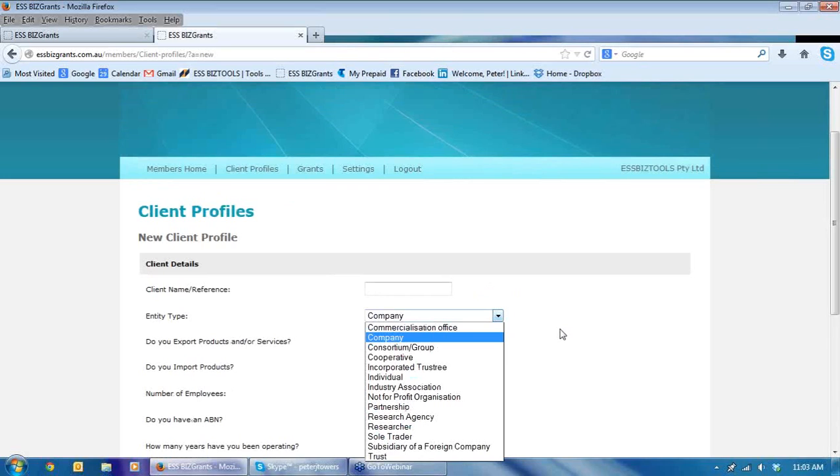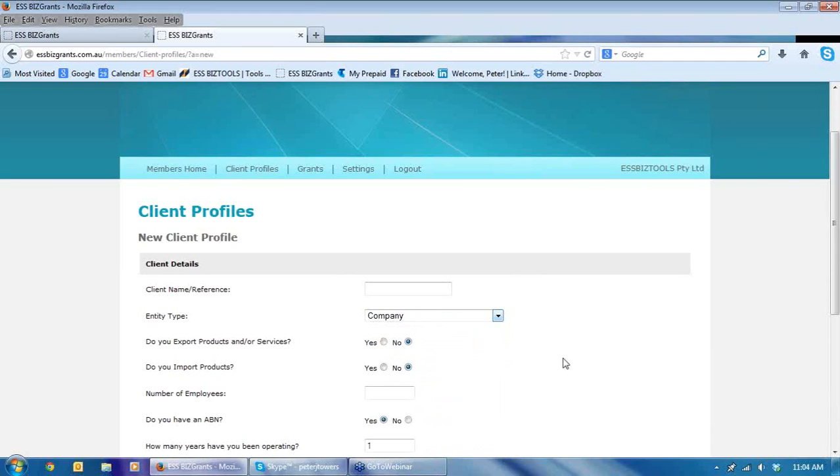There is no doubt that from a government point of view, both state and federal, the most popular entity is a company, but you can obtain access to some grants if you're in one of these other types of entities.